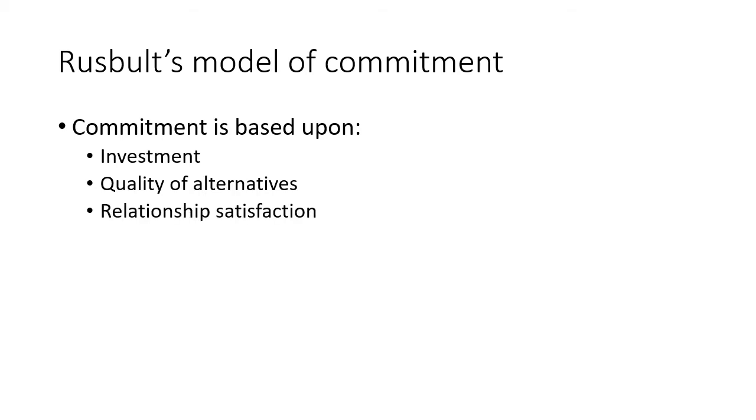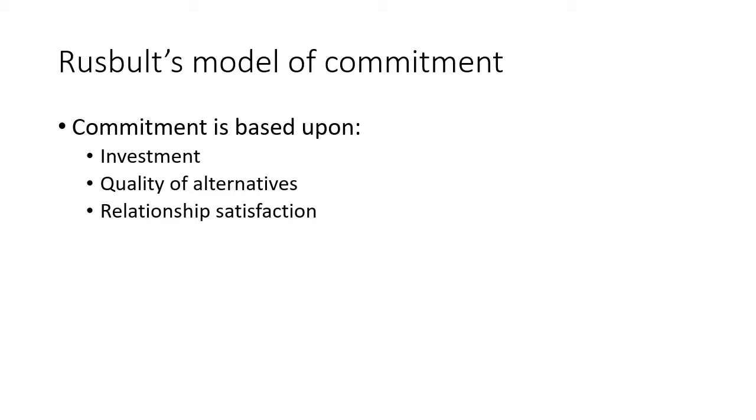And the last component is relationship satisfaction. So how satisfied are you with your relationship? This is pretty obvious, pretty self-explanatory, and that is the happier you are with a relationship, the more committed you should be to it. So, and I'm going to try and write on this slide, in this case, commitment is going to be equal to your investment minus any quality of alternatives plus your relationship satisfaction.